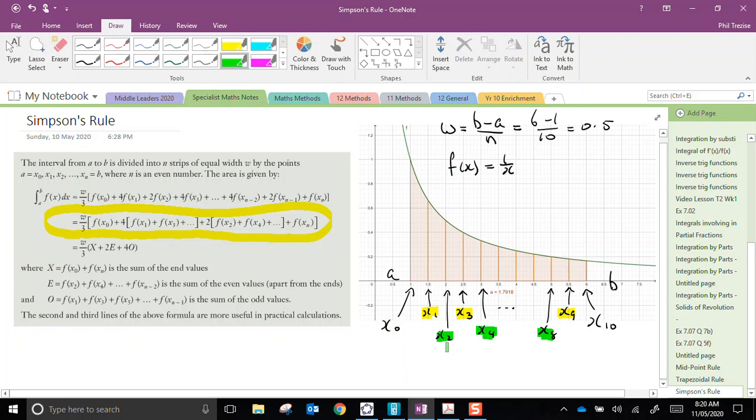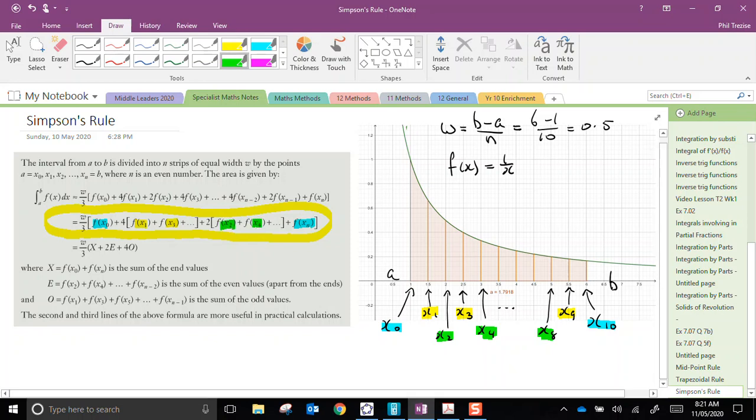Now the even ones do not include the terminals at either end. The terminals are taken care of here and here separately. So Simpson's rule is more complicated. Let me just highlight these odd ones in yellow and the even ones in green.